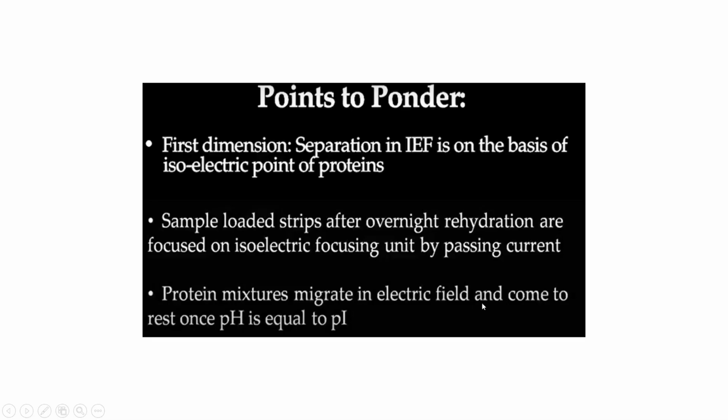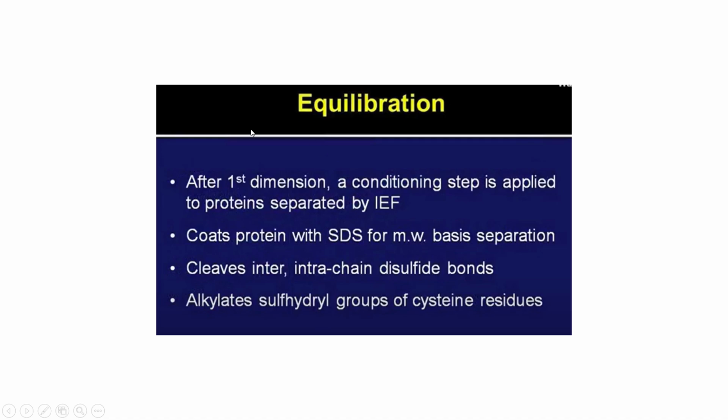The protein mixtures will migrate depending upon the pI, and will stop as soon as they reach their pI. After isoelectric focusing, that is after the first dimension, you need to equilibrate the IPG strip with SDS, cleaving inter- and intrachain disulfide bonds.